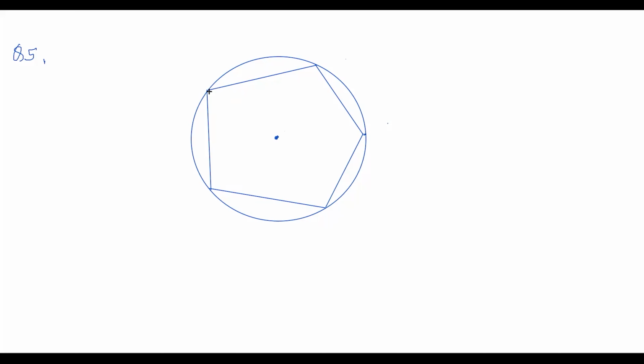Now let's join each of those vertices to the center, and let's consider each of those angles as theta i. So this is theta 1, this is theta 2, this is theta 3, this is theta 4, and this is theta 5. And so if I can show that all those theta i's are equal, then I'm done.